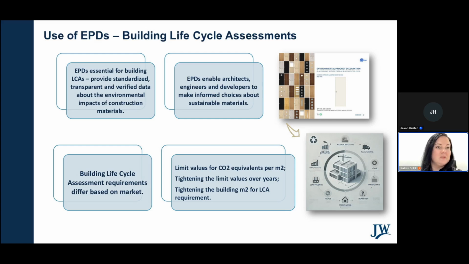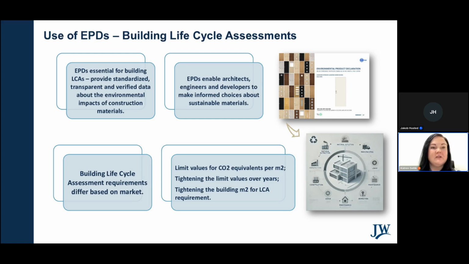In the next part I'll give an overview of how we actually use the EPDs today. As I said before, there are quite many different uses, and I have a gut feeling that over time the use will only increase, and we will find additional ways to benefit from EPDs and life cycle assessments.